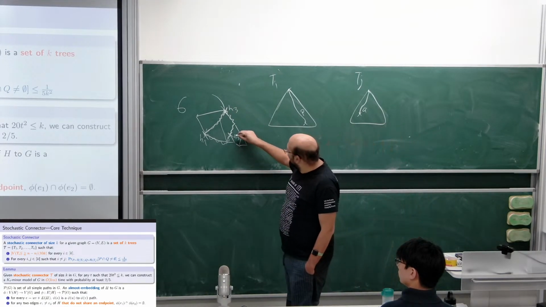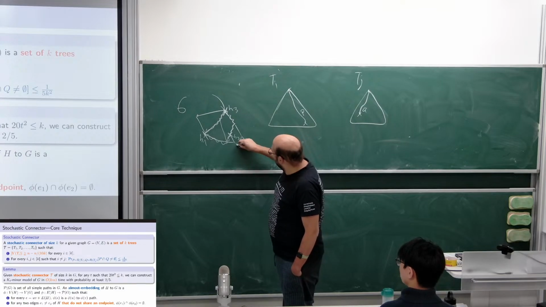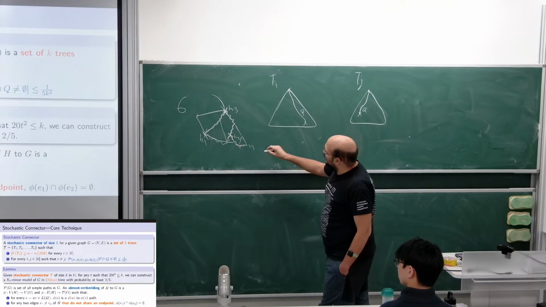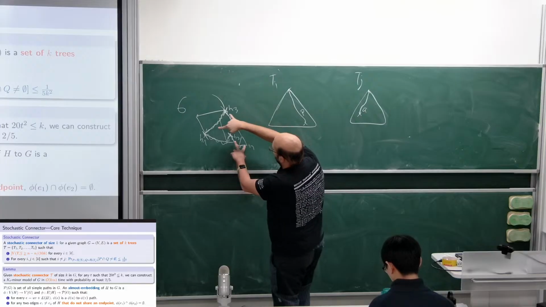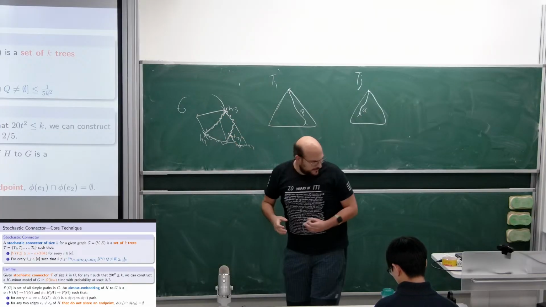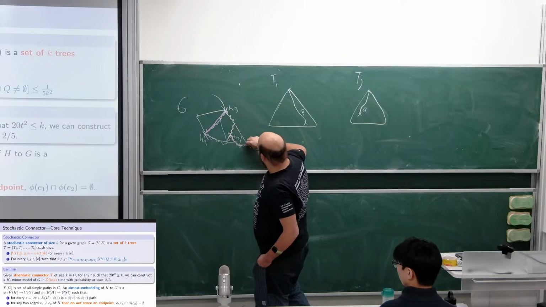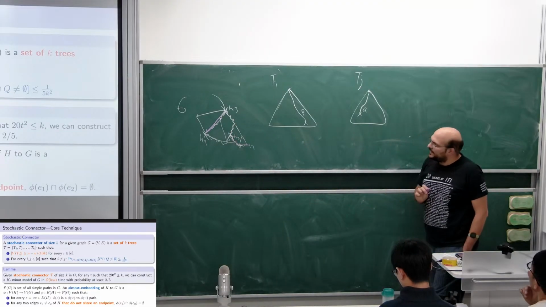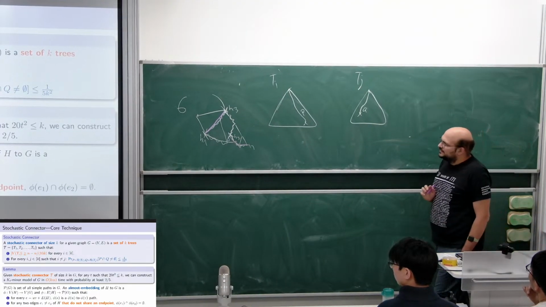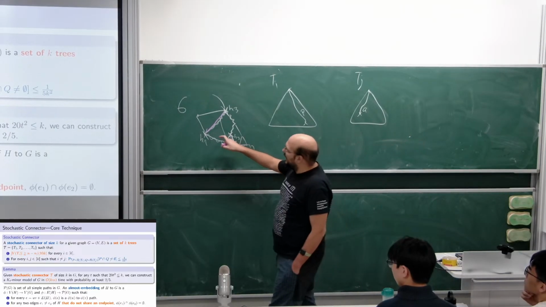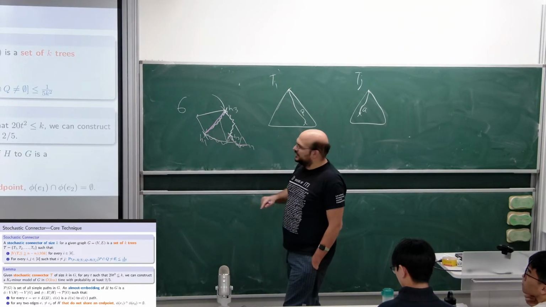But if I have maybe here H4 and this path, then suddenly those two edges, maybe let me pick a color, those two edges don't share an endpoint, and for those I need that they don't share vertices.